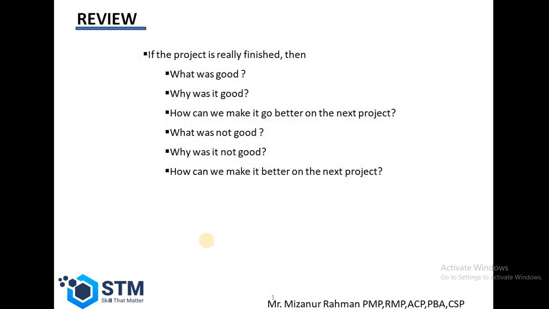From this we understand what the good things are, and we will try to use those things in future projects, and what the bad things are, so we do not let the same things happen again. So we will learn from our current mistakes so that they will not happen in future projects.